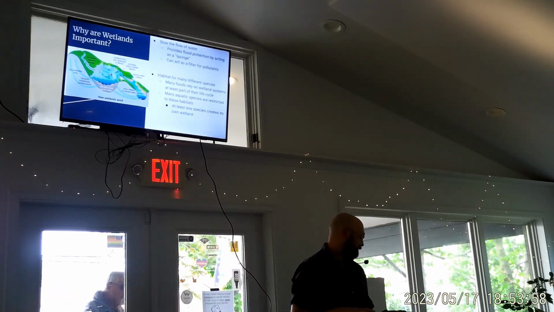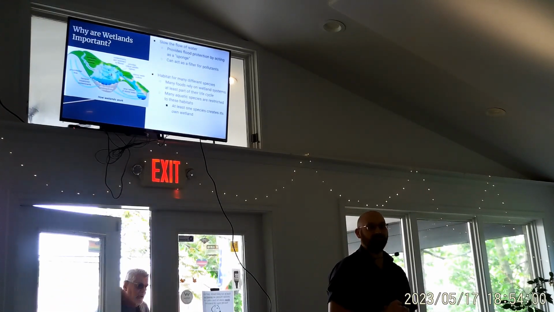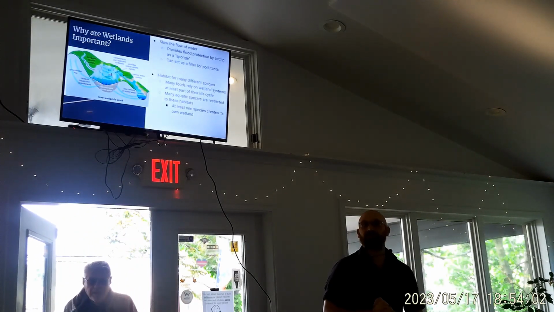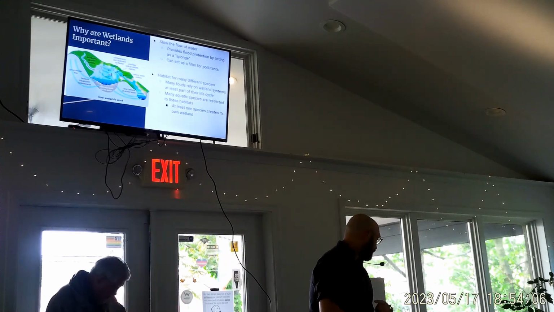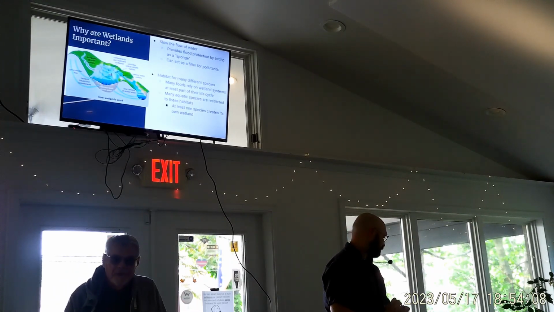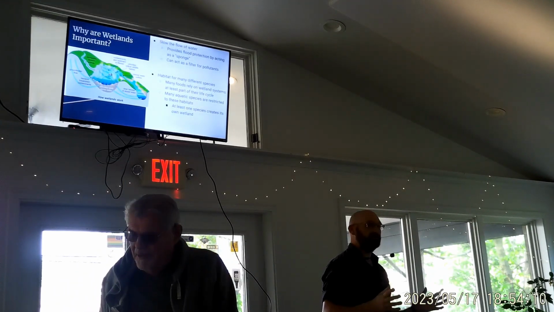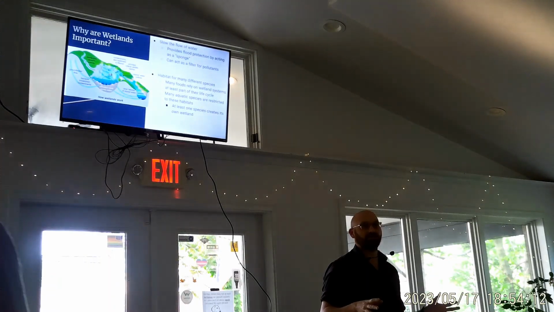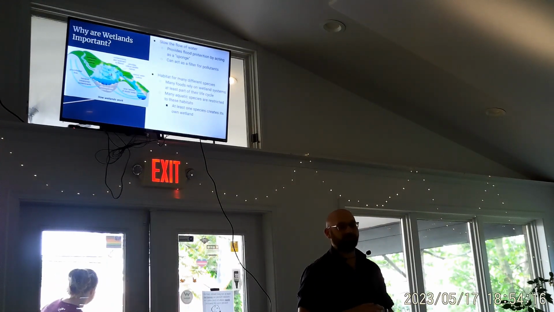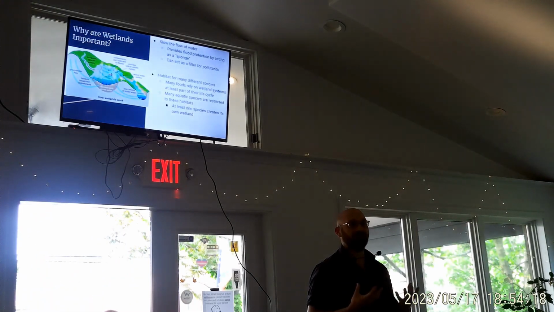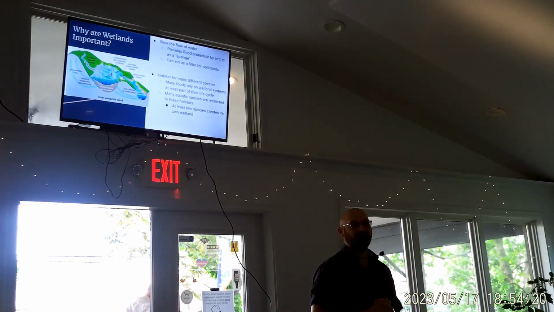And so now that I mentioned there's a couple types, some reasons why wetlands are rather important. The first one, a big one, is that they just slow the flow of water. And what I was thinking about earlier, why this is so important for humans, is when it comes to flooding.